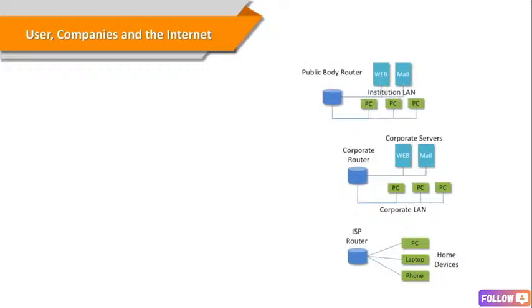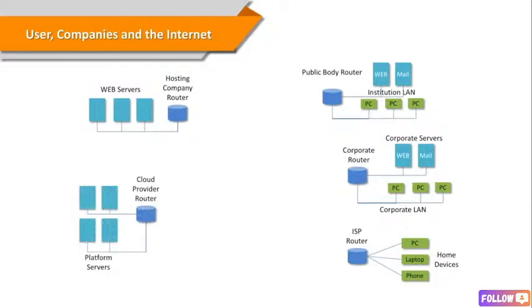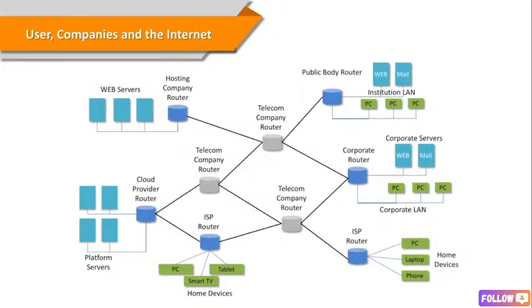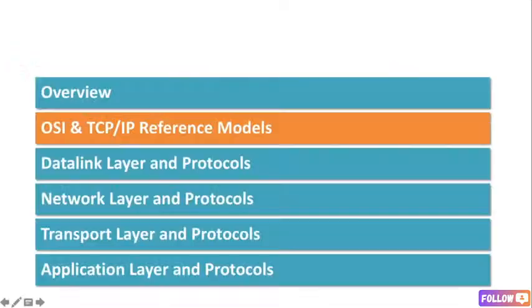There's a public body here, again, with a lot of servers and a lot of end-user computers. Here is a hosting company with a web server farm hosting to their customers. Now here's a cloud provider such as Amazon Web Services, hosting a lot of servers again. And here there's another home, and they're all connected to each other over telecom company routers.